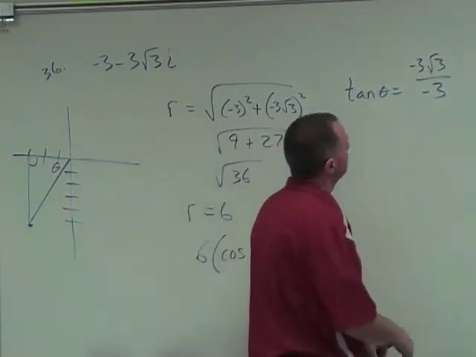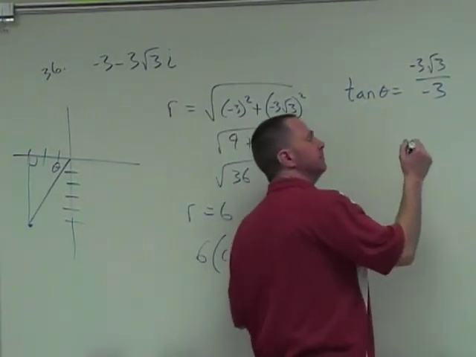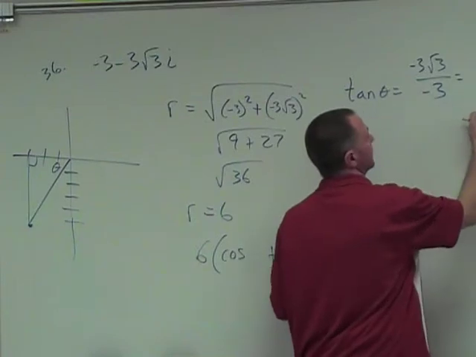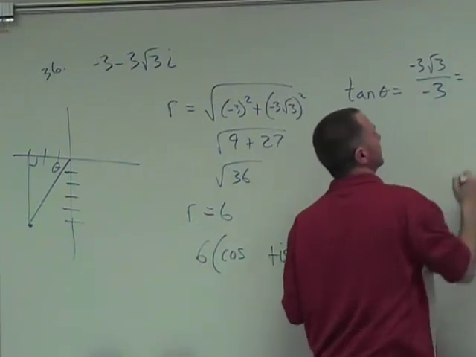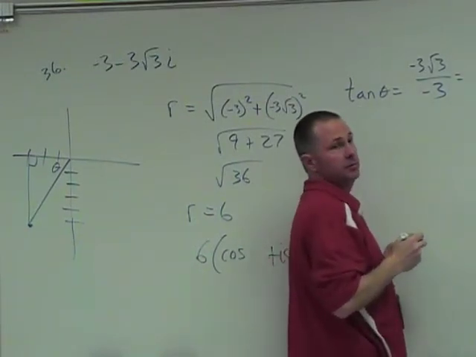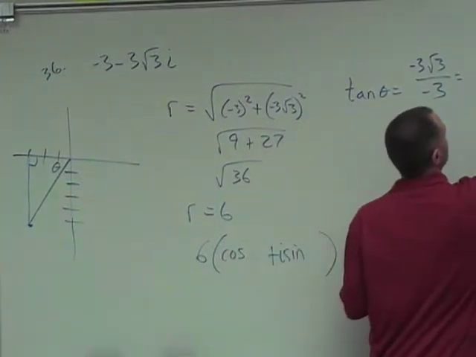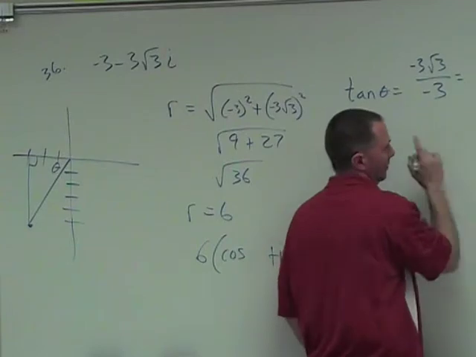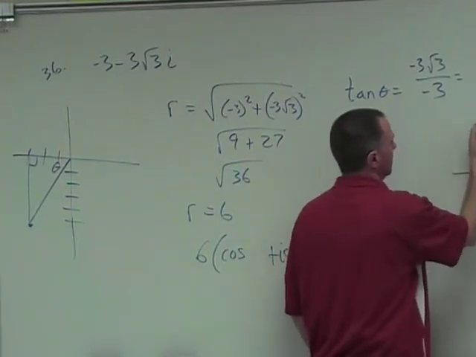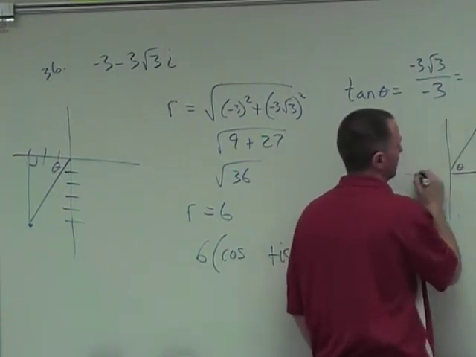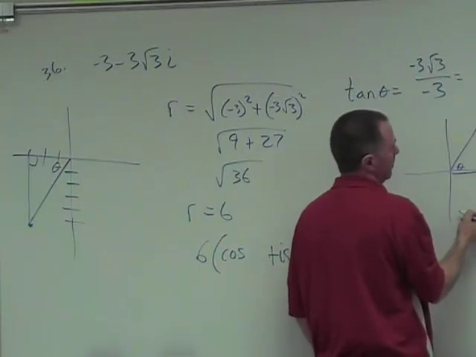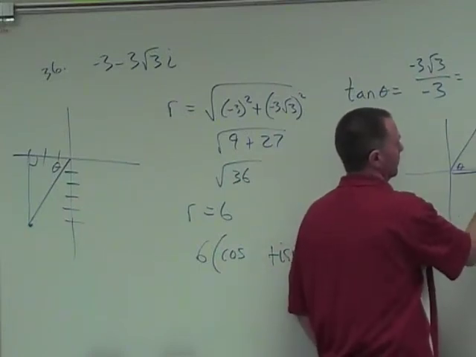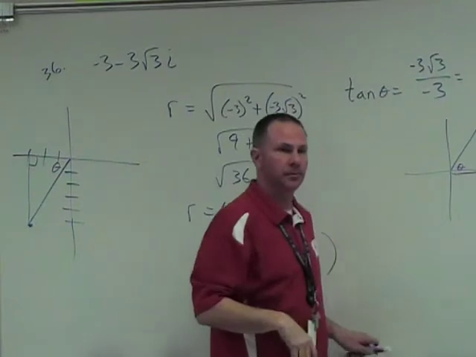How'd you get radical 3 over 1? Because the negative 3's cancel. Okay? And then it's a 60 degree, which is pi over 3. Yeah. So you're saying theta is pi over 3.